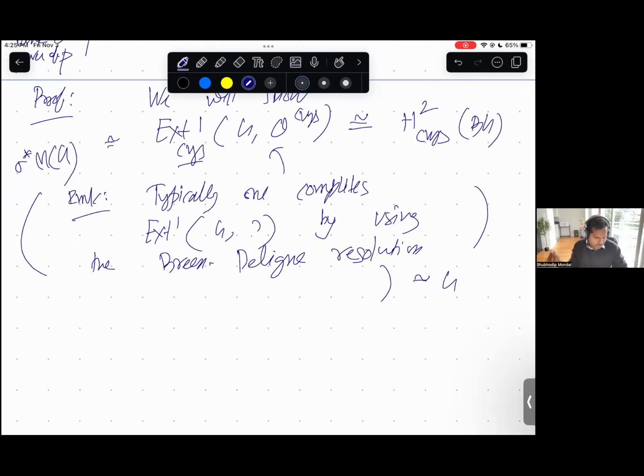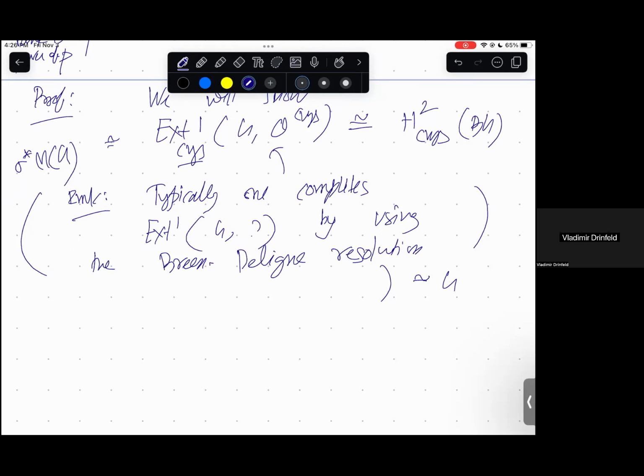Yeah, exactly. I think in any case for this proof, we don't need it. I was just explaining that in general, the Breen resolution is quite complicated, but for our purposes, one, it doesn't really help, and two, we don't also need it.